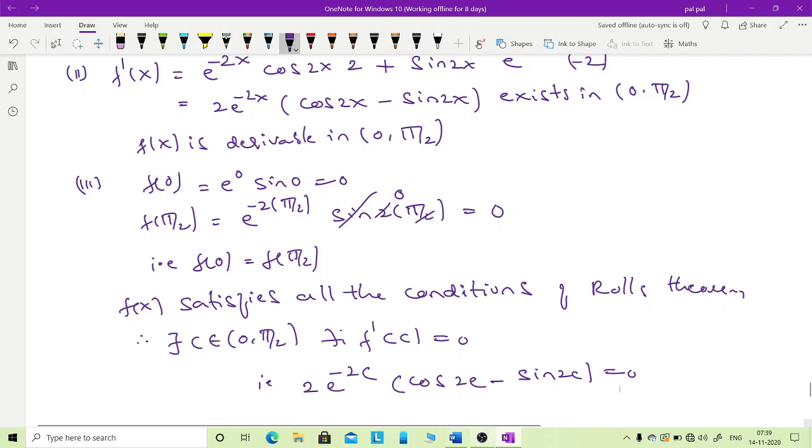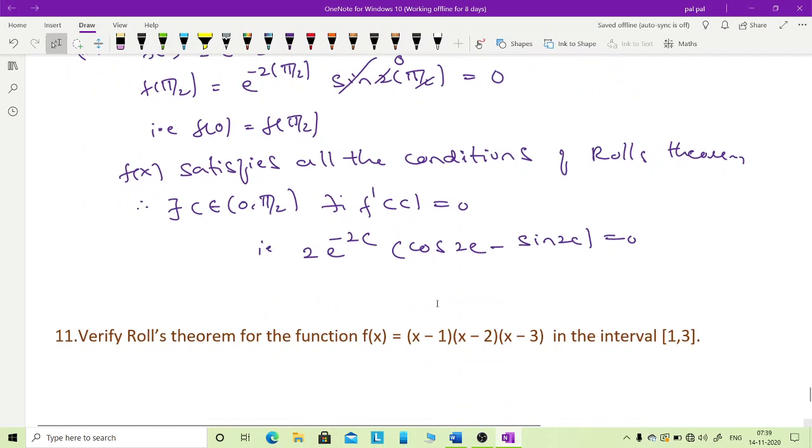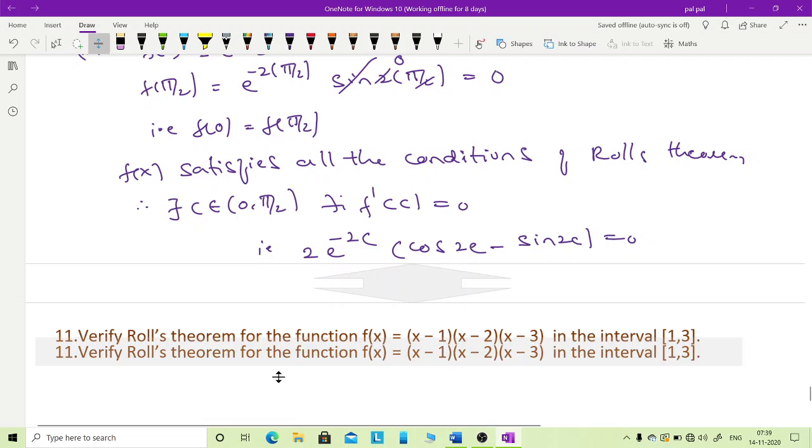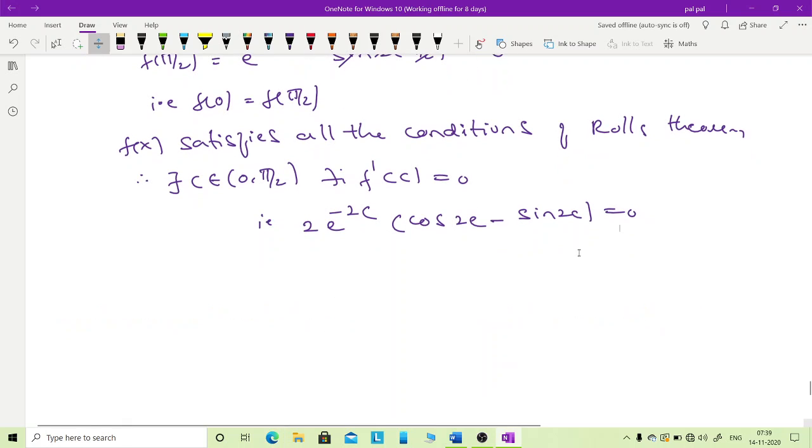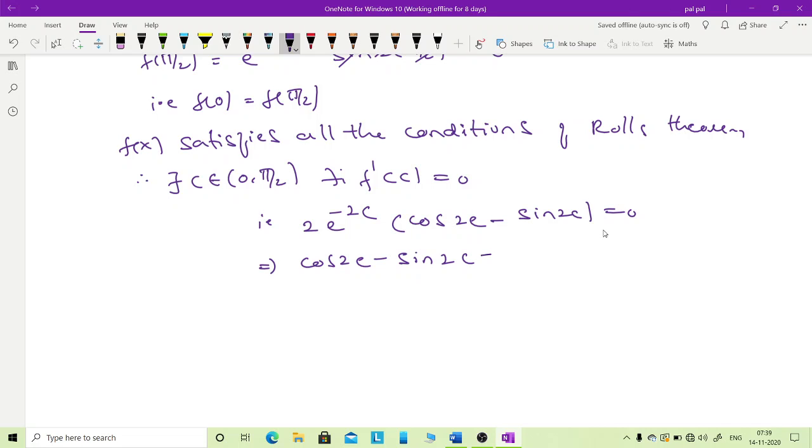So the product of three numbers is 0, means any one of them should be 0. Now 2 is not 0, and e to the power of minus 2c is never 0. So then definitely this factor will be 0, which implies that cos 2c minus sin 2c is equal to 0.